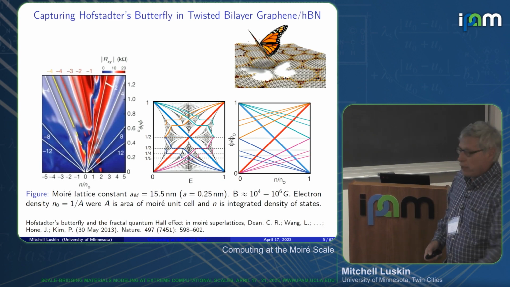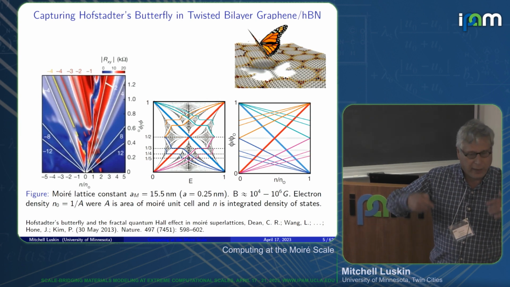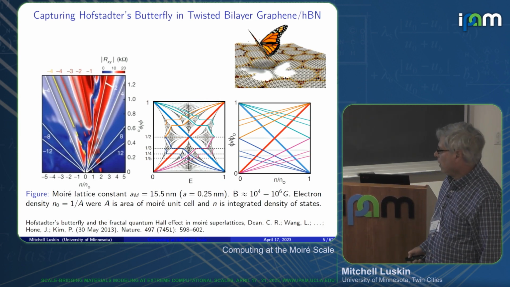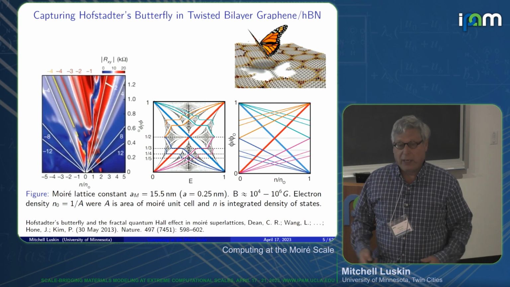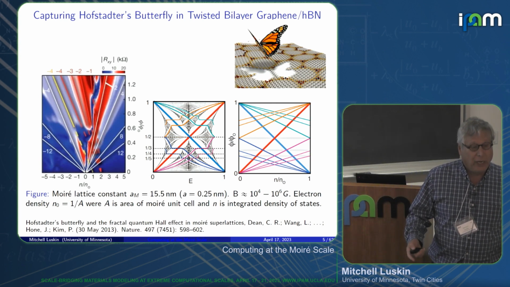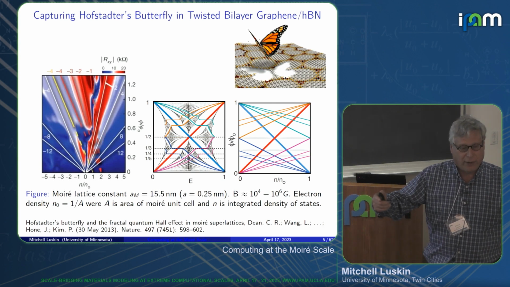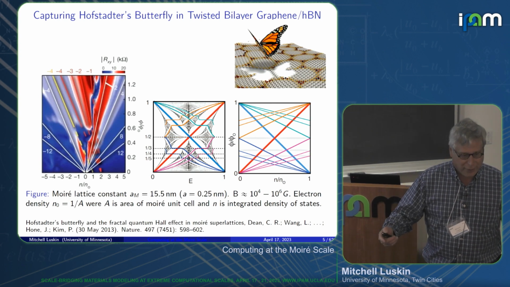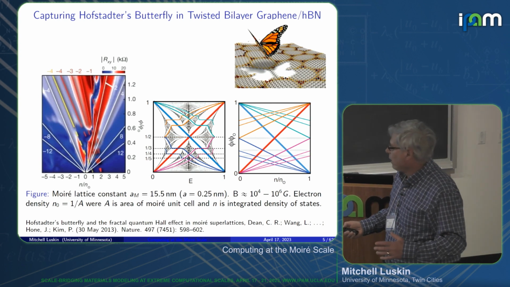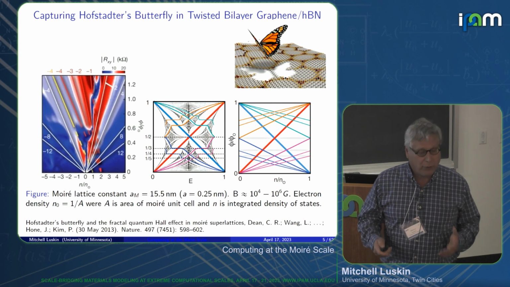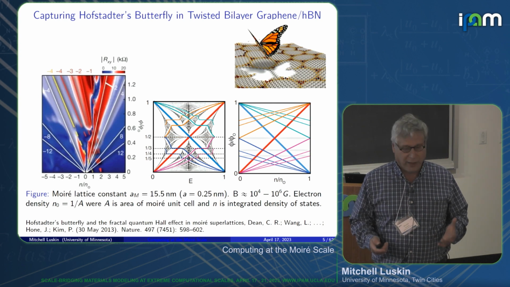So you've really increased the size of the unit cell by a factor of 100, meaning the magnetic field you need is reduced by a factor of 100 squared, right? And now people really were able to observe the Hofstadter butterfly.